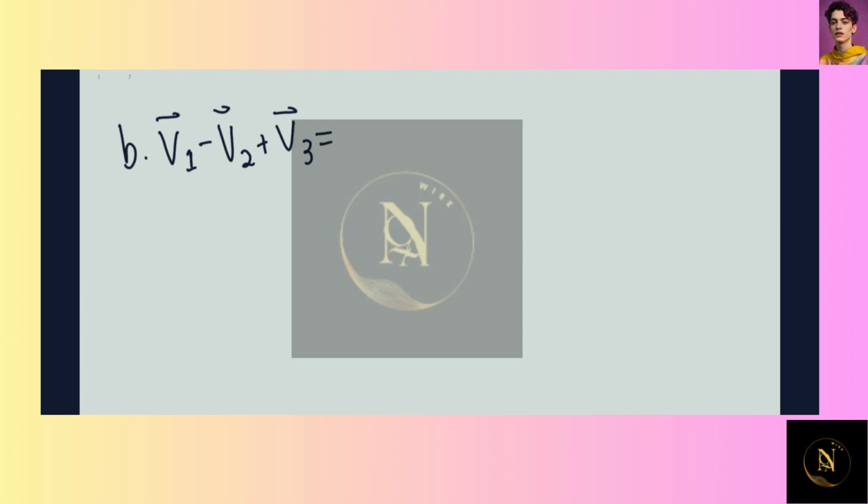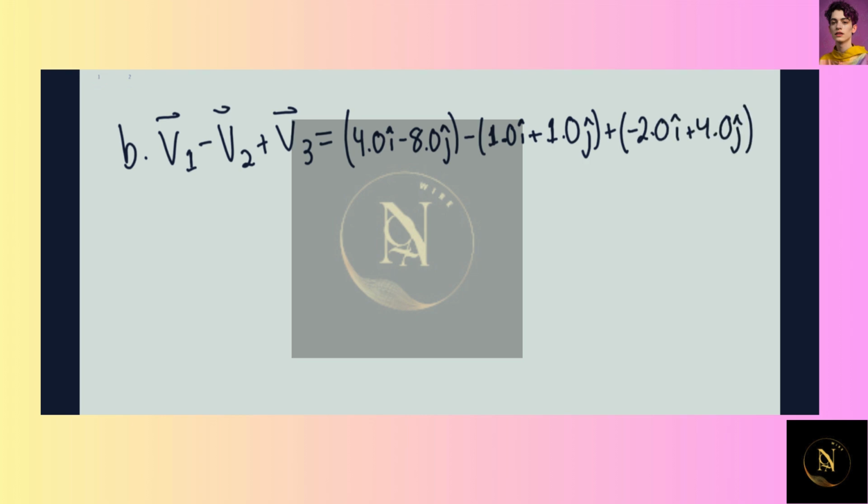So here we can say 4.0 i hat minus 8.0 j hat, and then minus 1.0 i hat plus 1.0 j hat, and then plus negative 2.0 i hat plus 4.0 j hat, and this is equaling 1.0 i hat minus 5.0 j hat.